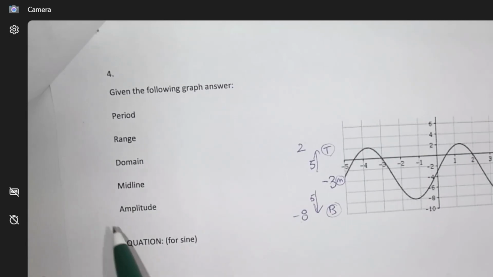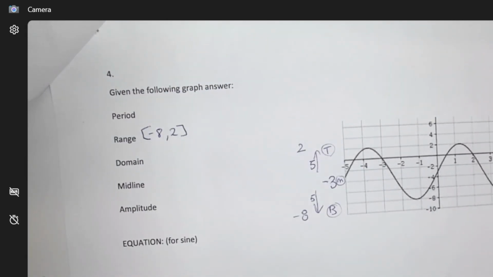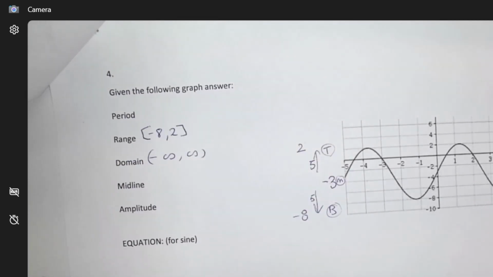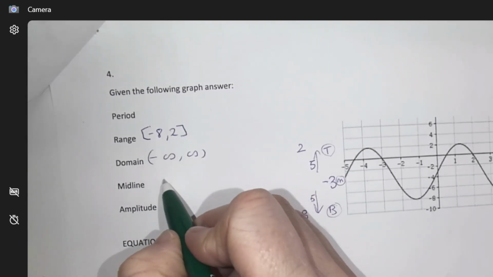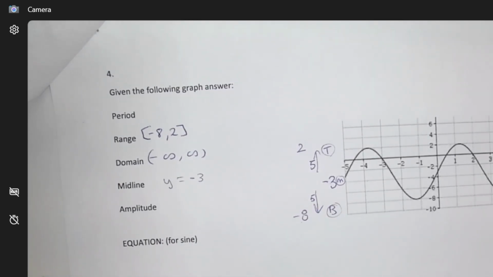The lowest to the highest was -8 to 2. The domain, well, a sine or cos curve just goes on forever in this regard, unless they have something stopping them. The midline, so we took the -3, it's a height of -3. Amplitude was how much were we stretching up, down? So 5.